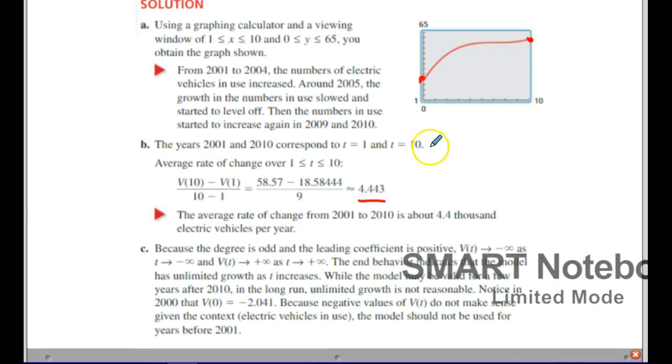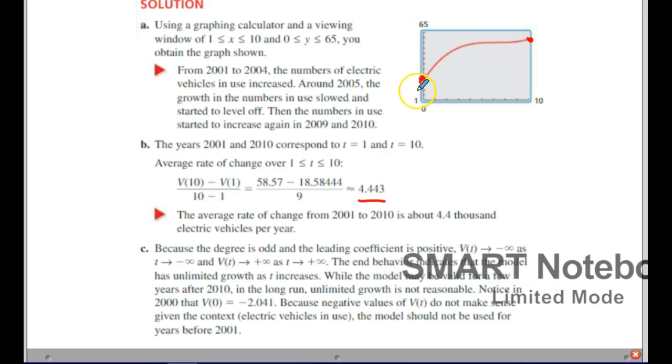So I could have unlimited growth as T continues to increase. However, we don't think that's a very reasonable answer, because we're starting to level out. We may hit a huge jump again, but we always want to think about the technology. Electric cars will not always be on an increase just because of new technology and things like that.